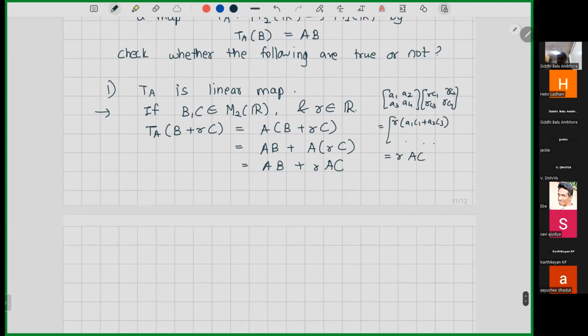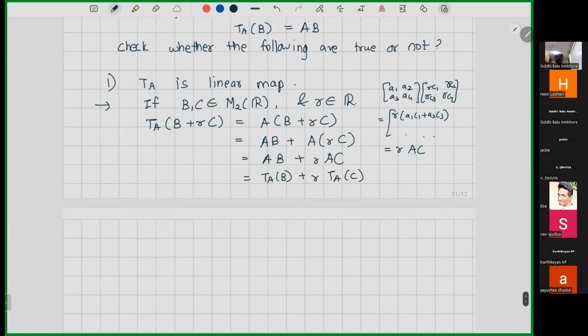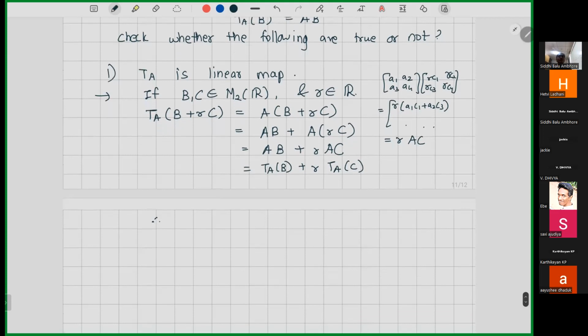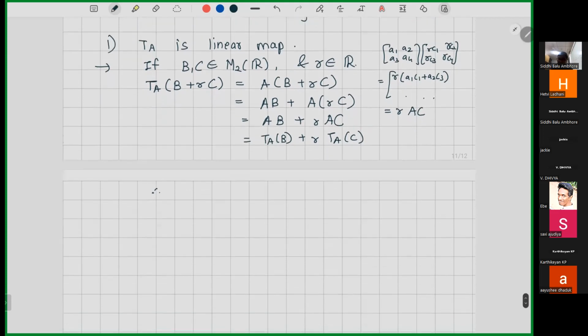This is just this matrix. And what is this? AB is TA of B plus R times TA of C. Okay, any doubts here? So therefore, it satisfies the condition we were looking for, linear transformation. Therefore, this TA is a linear transformation.